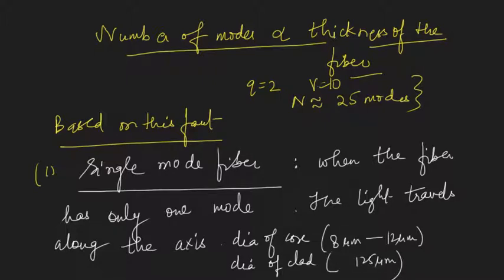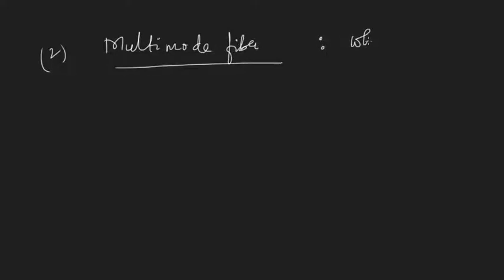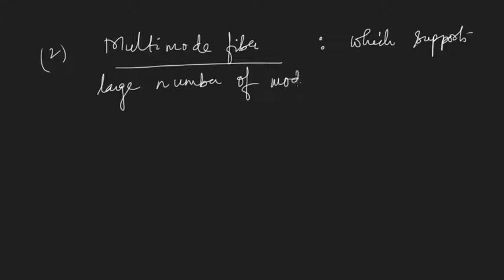And another classification based on this is, second is multimode fiber, which supports large number of modes, and obviously I already told you number of modes depends upon the thickness of the fiber. So for a multimode fiber we need thick fiber, which supports large number of modes.